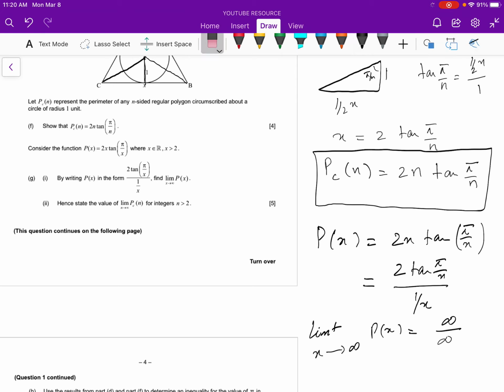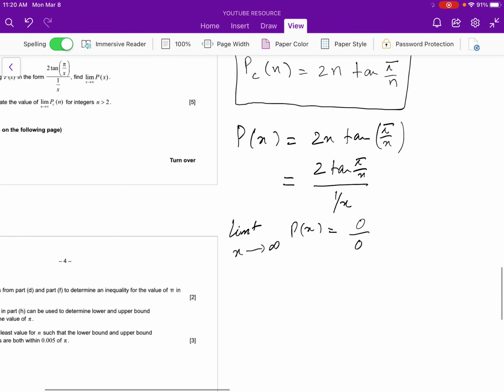In fact, it is 0 over 0, because pi over infinity is 0 and tan 0 is 0, and 1 over infinity is 0. So 0 over 0, and L'Hopital's rule is applicable.